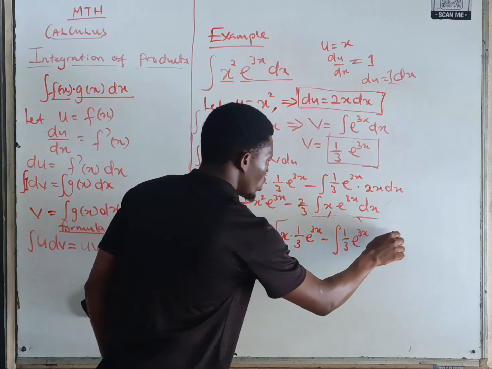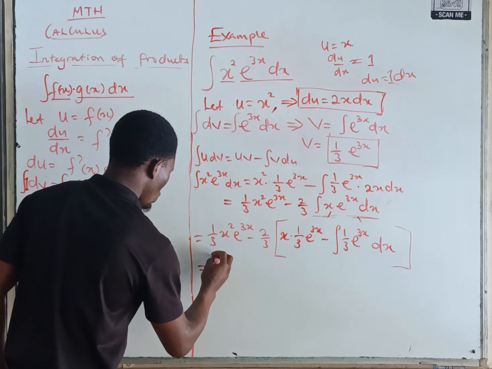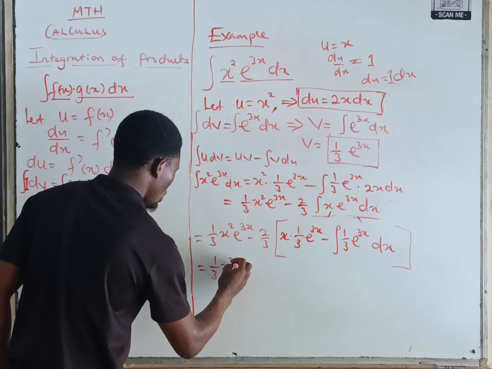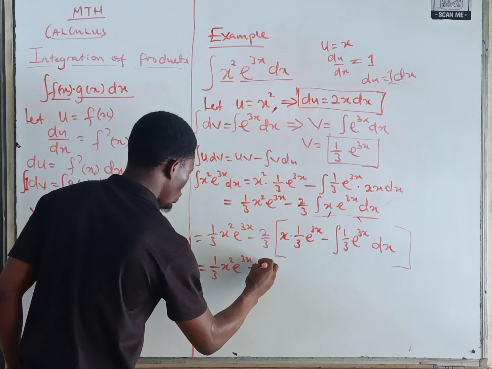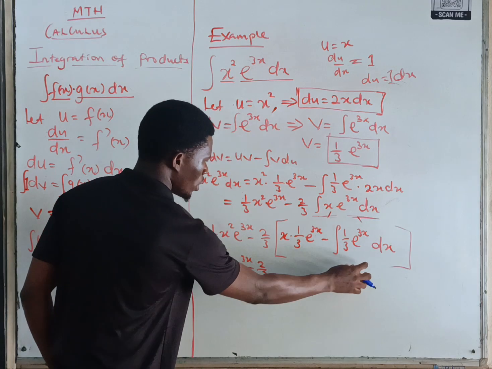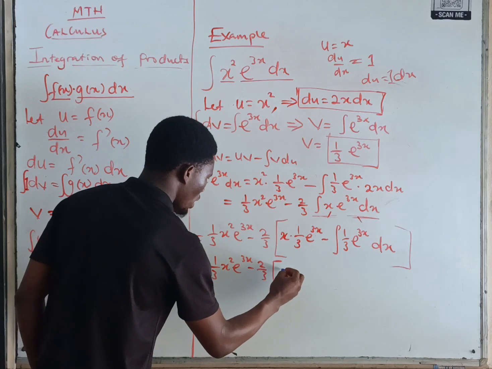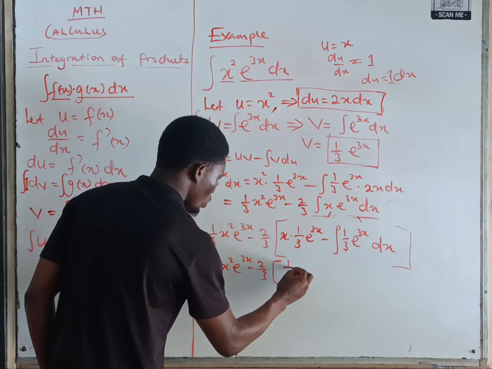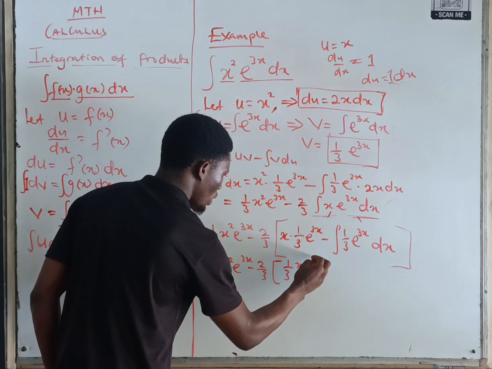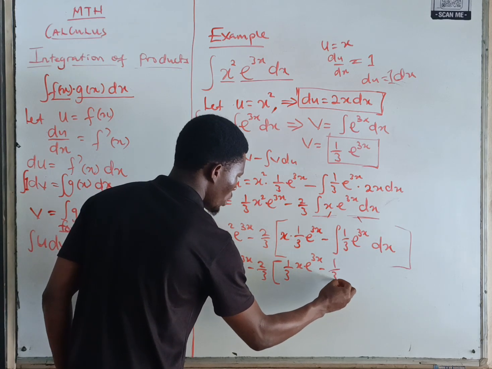Then you can put this here. We now have that this one equals 1 over 3 x squared e raised to power 3x minus 2 over 3. Before I expand the bracket, I want to simplify the integral that we have here. I can write it like 1 over 3 x e raised to power 3x minus, I can bring 1 over 3 out, so that is 1 over 3.